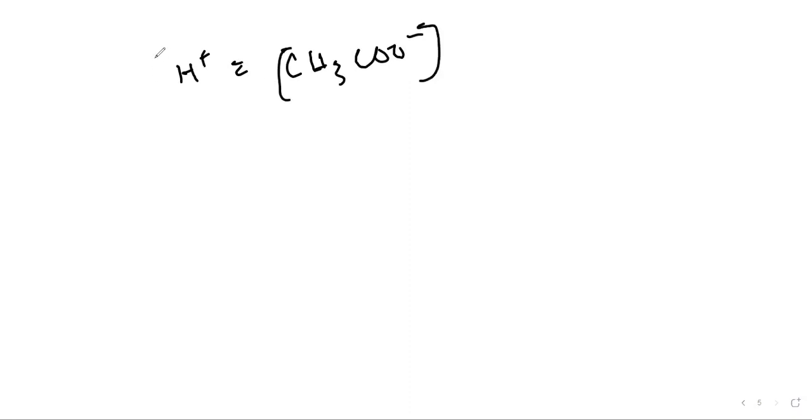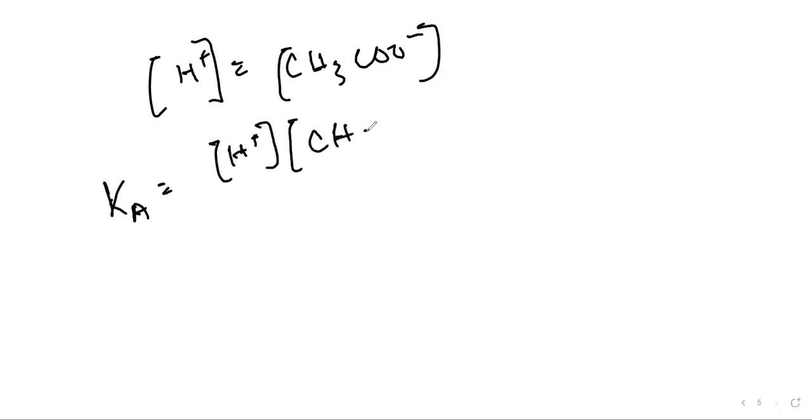CH3COO minus and H plus have an equal amount of concentration. So in this Ka equals H plus and CH3COO minus in the numerator, you can simply replace this term with H plus, because we have just seen their molar ratio is equal. Why? Consider it this way.